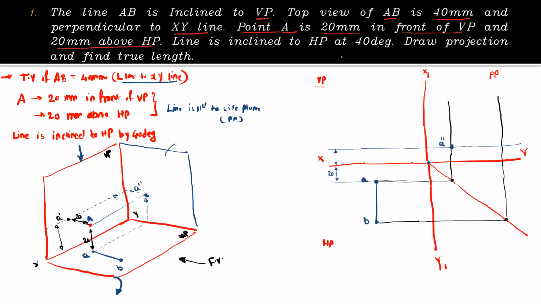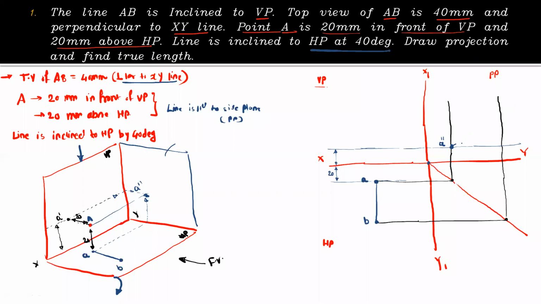We don't have the true length of the line, but what is given, its inclination is given with respect to the horizontal plane. So by taking this inclination, you draw one line at 40 degree.